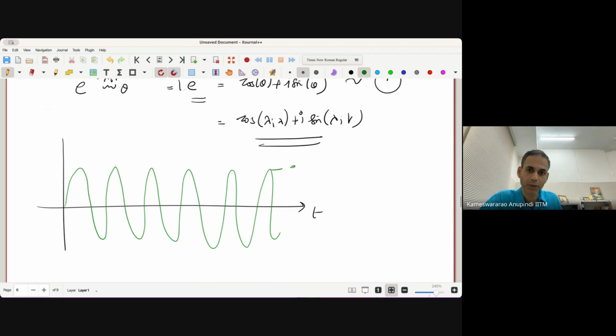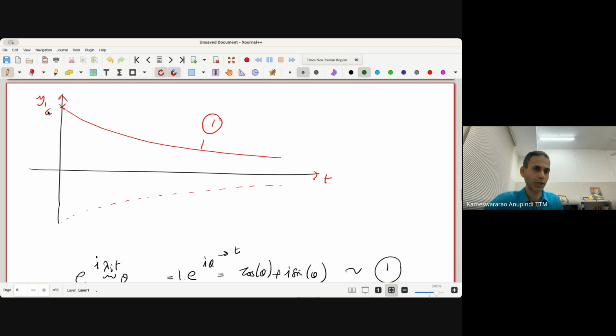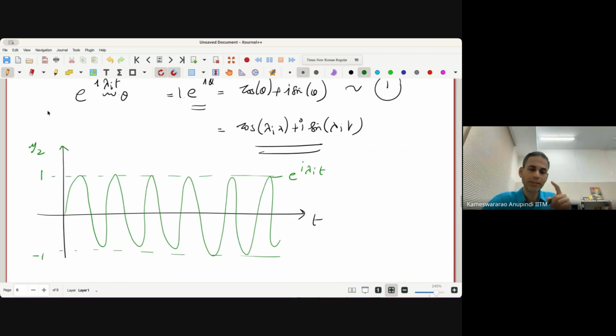This has an amplitude of 1; it goes between +1 and -1. On one axis I have some component y2, and let's call this y1. It's basically going to define your oscillatory solution, but it is not going to define the amplitude. The amplitude is fixed at 1, and the solution goes between +1 and -1 as time progresses. That means you have an oscillatory solution.